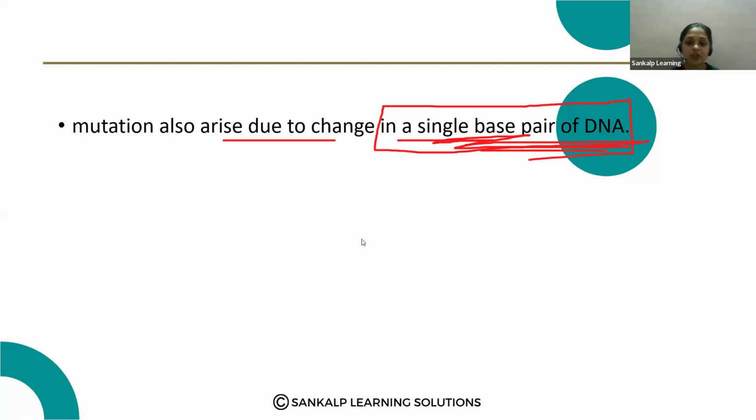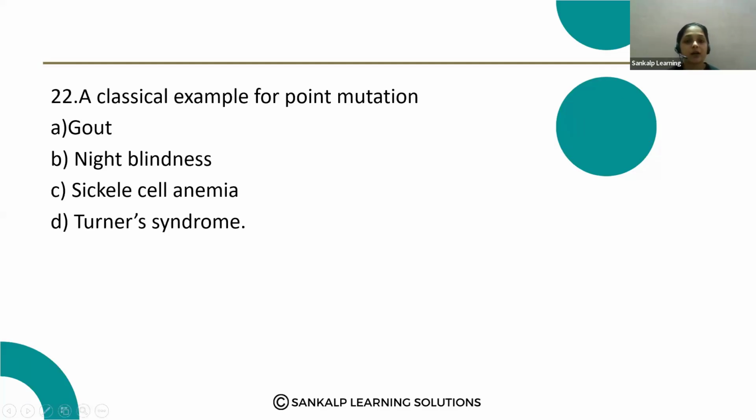So a classical example of a point mutation is sickle cell anemia, not Turner syndrome, gout or night blindness. The correct answer is sickle cell anemia.